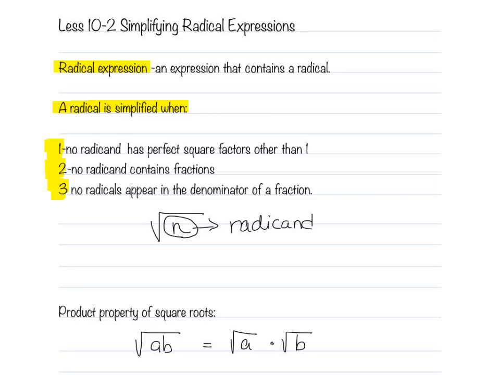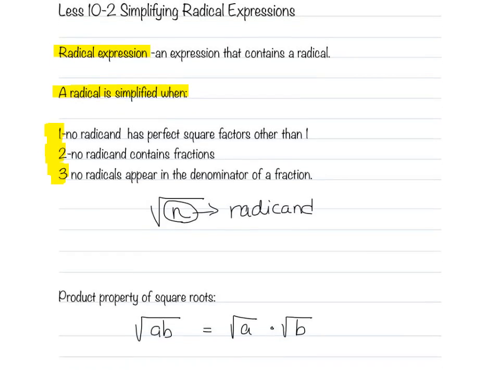Just as a reminder, the radicand is that which lies underneath the radical symbol. So under the radical symbol, no radicand can have perfect square factors other than 1. No radicand can contain a fraction, and no radical can appear in the denominator of a fraction.